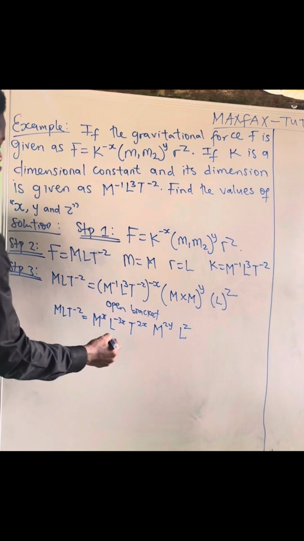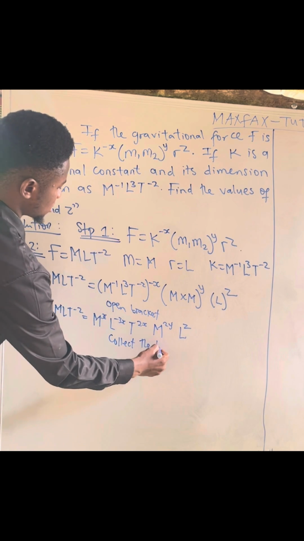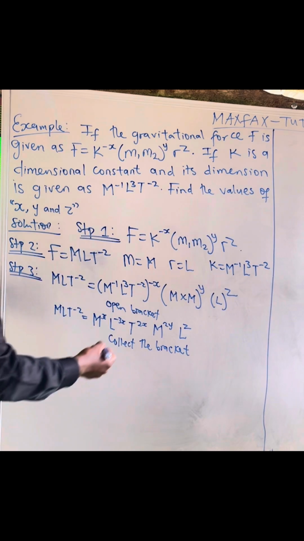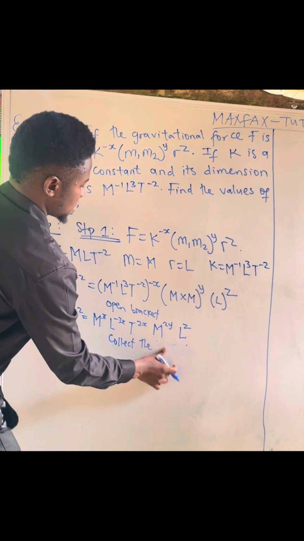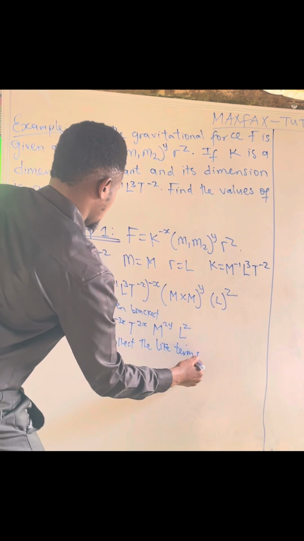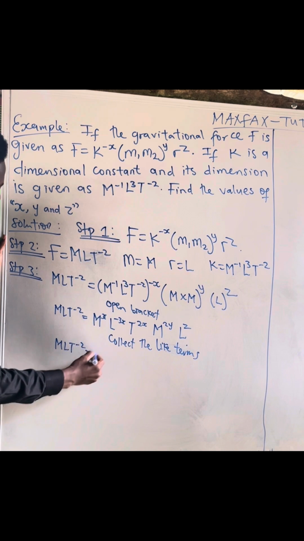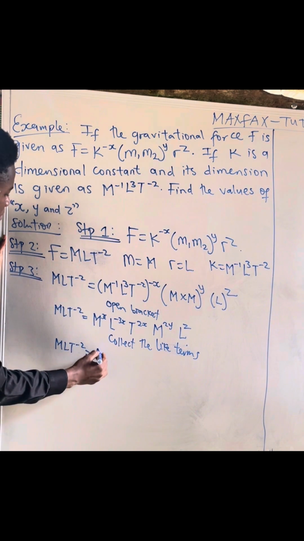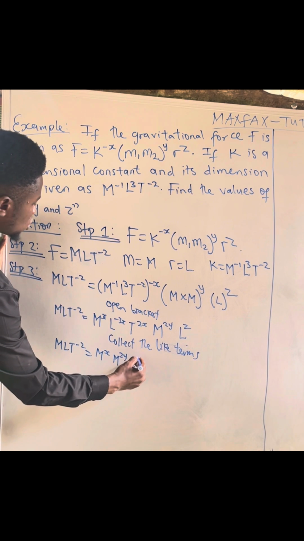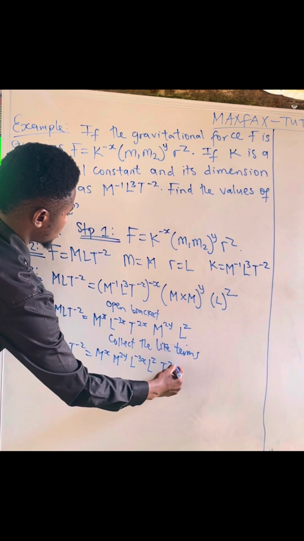What we're going to do now is collect the brackets, and then collect the like terms. So MLT minus 2 is equal to M raised to power X, M raised to power 2Y, L raised to power minus 3X, L raised to power Z, T raised to power 2X.